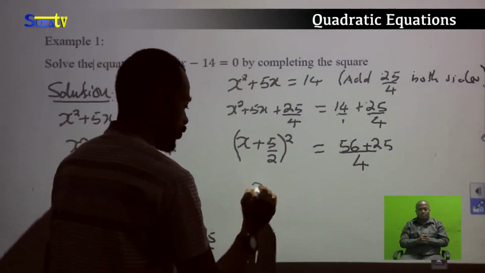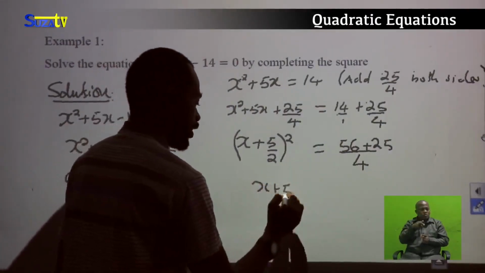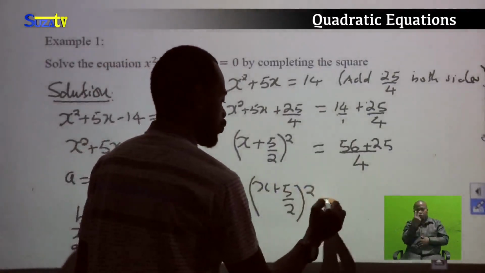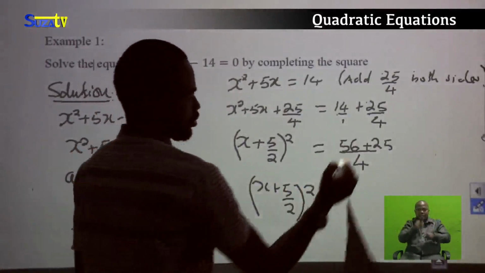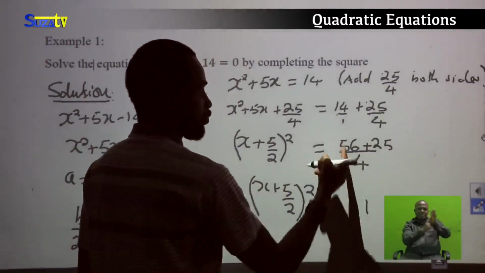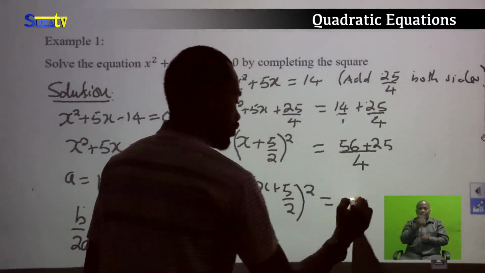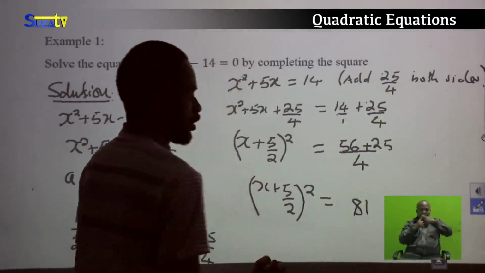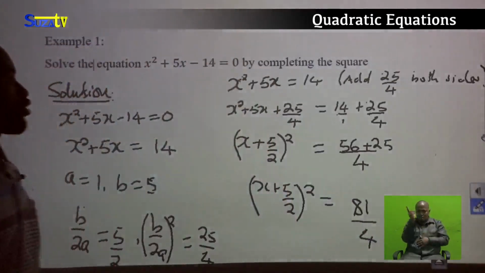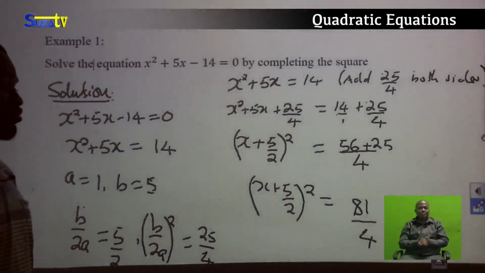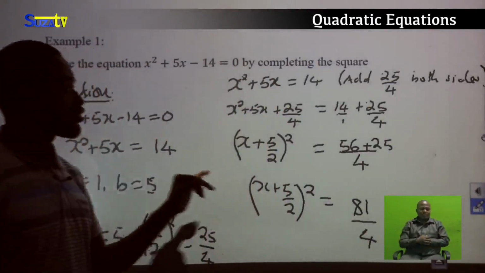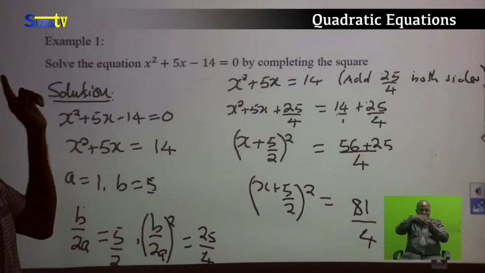So here we have x plus 5 over 2, the whole thing squared, equal to 56 plus 25, which is 81, over 4.